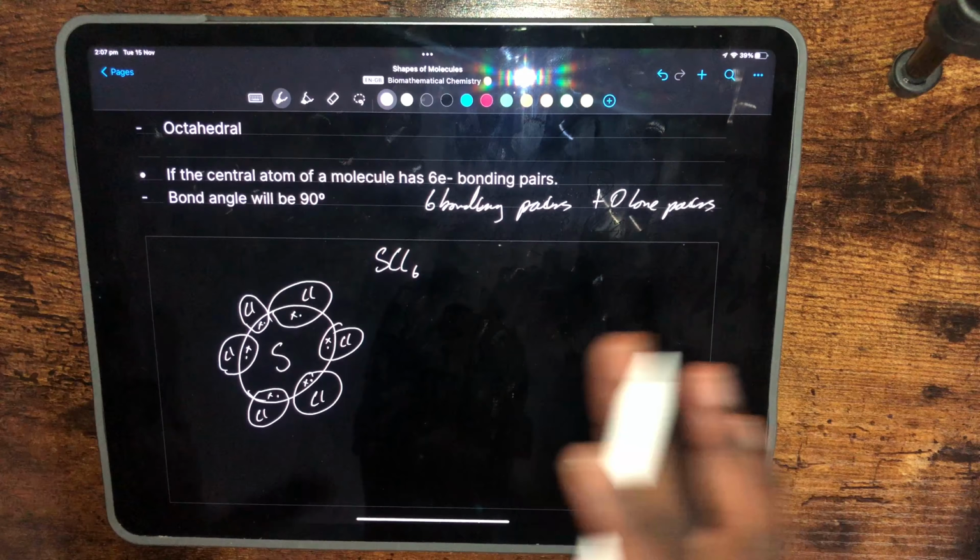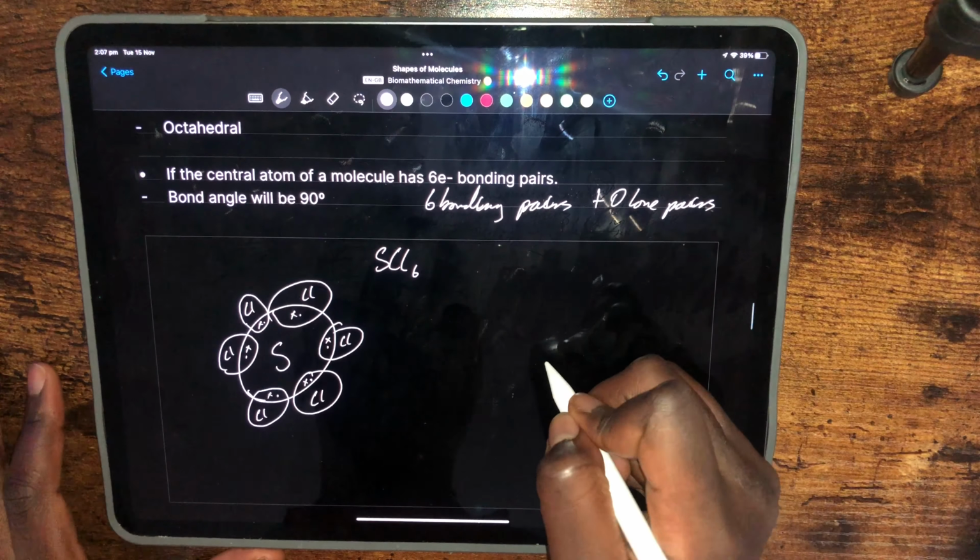Good. So that's the dot and cross diagram. Happy with that. What it actually looks like, right?